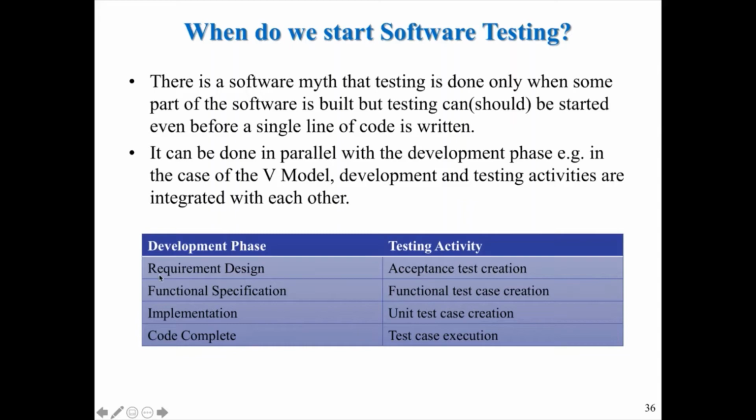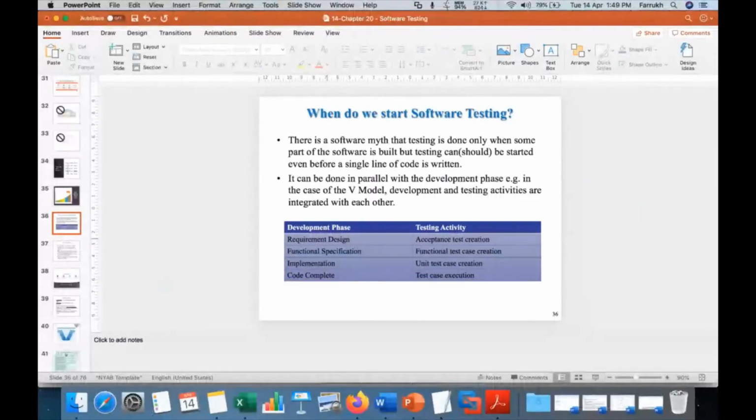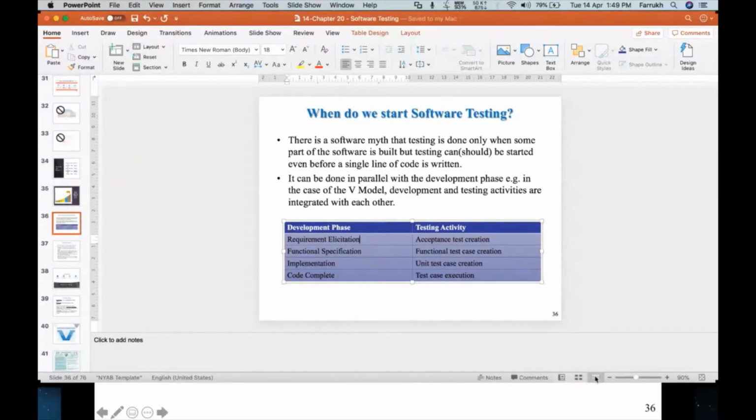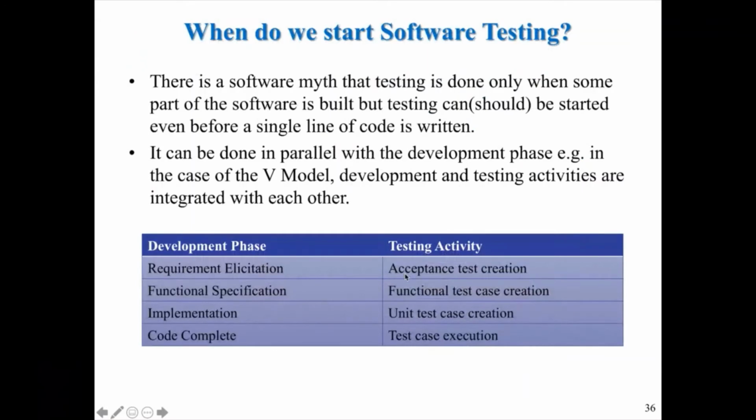From the first phase of requirements elicitation or requirements engineering, at that time we do our testing in the form of taking the acceptance of what requirements you have understood from the user.